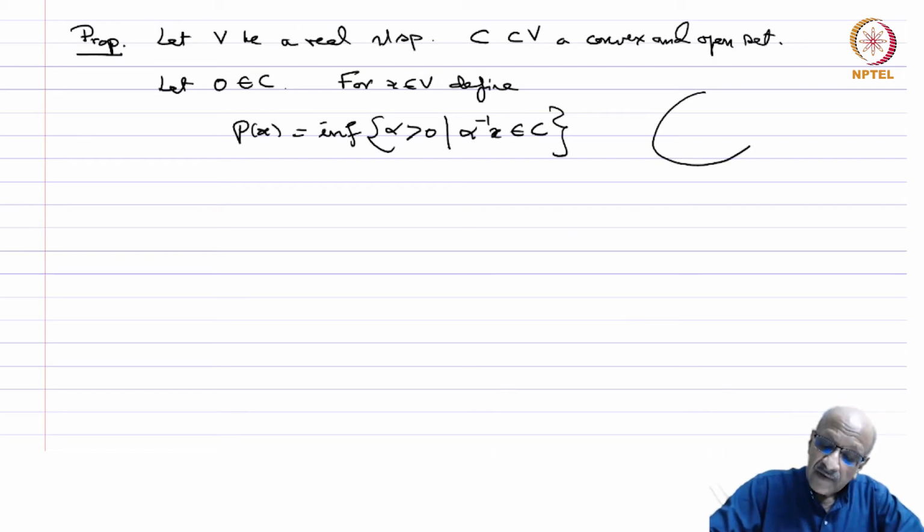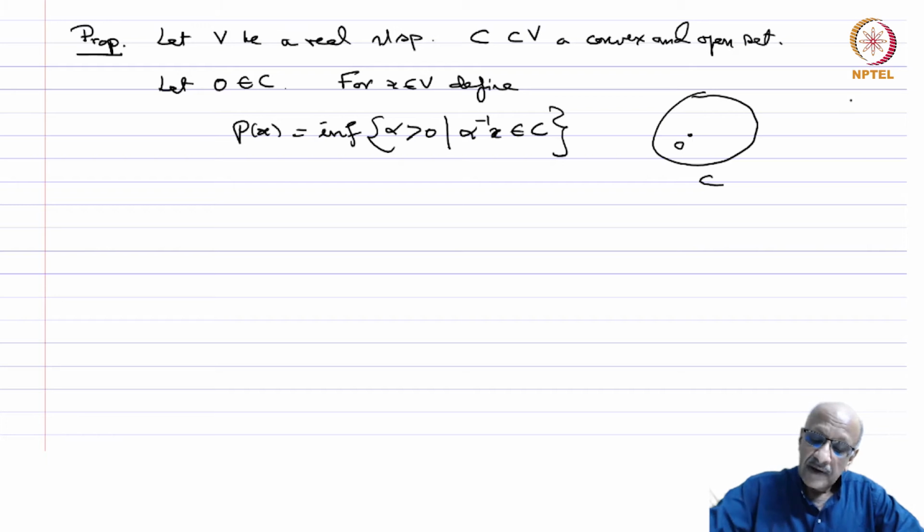So let us understand this definition. C is a convex set and 0 is a point in it, x is some vector in the space. So you take this line.